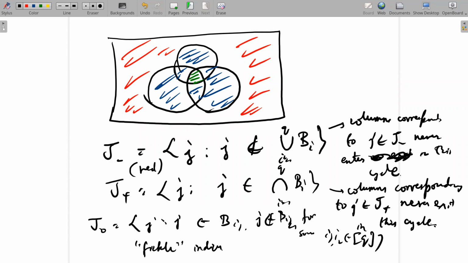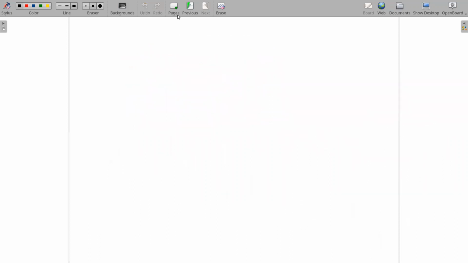So J minus, they will never enter. Think of these columns. J plus, they will never exit. The rest are known as fickle indices, so they will enter and exit. Now what I'm going to do is define this quantity, which is the maximum of these fickle indices.